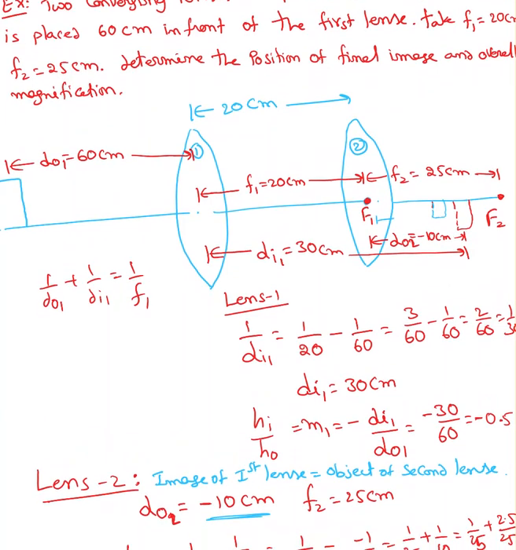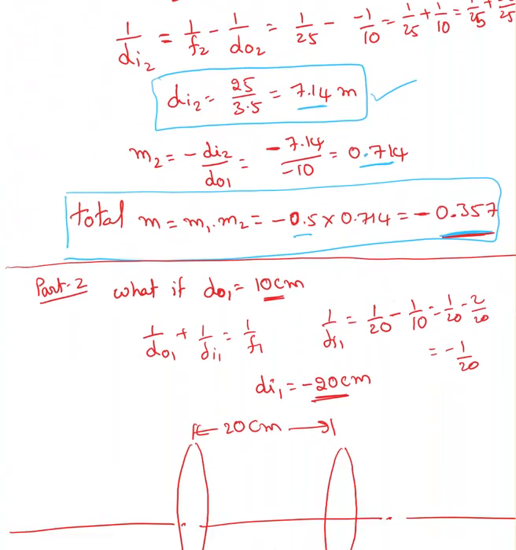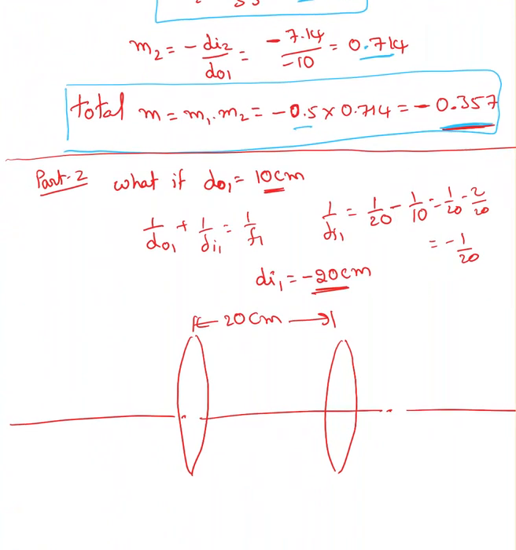I'm extending the previous example, so I didn't change anything other than the distance of object 1. So here is f1, f2. We know f1 equals 20 centimeters, f2 equals 25 centimeters. Now object 1 is right here, at 10 centimeters.